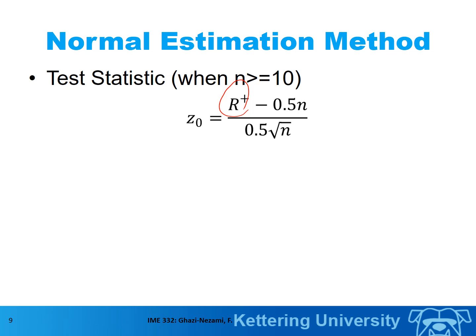You will have a z test statistic, and the good news is that your acceptance and rejection region will follow the regular normal distribution cases that you have had in the previous chapter, like one-sided or two-sided. You have to compare it with z alpha or z alpha over 2 and conclude.